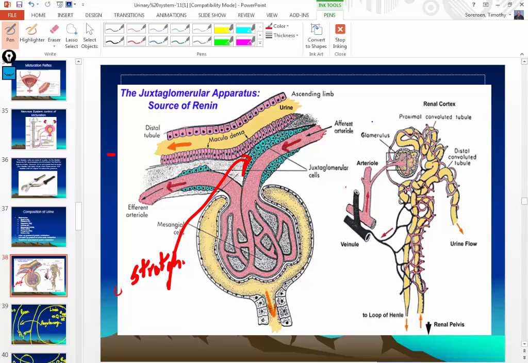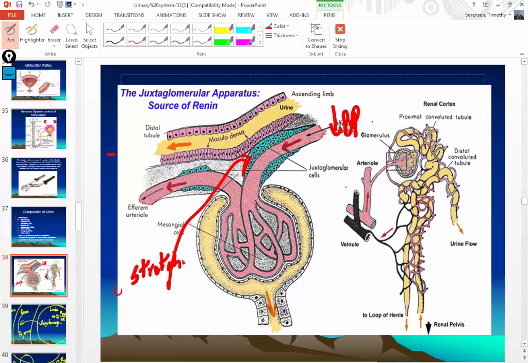So watch. Are you watching? Think of the afferent arteriole as a bike tire. If your bike tire deflates, what does it do? It gets flat. And if there is a drop in blood pressure, the afferent arteriole is going to go flat. And when the afferent arteriole goes flat, what's connected to the afferent arteriole?